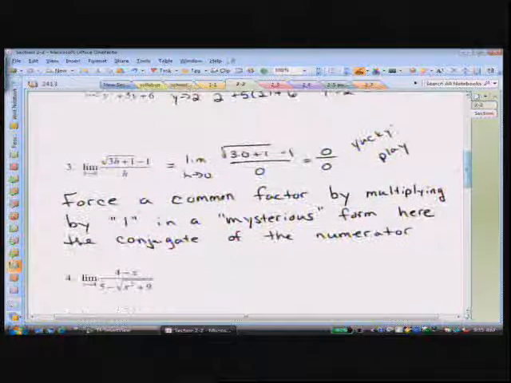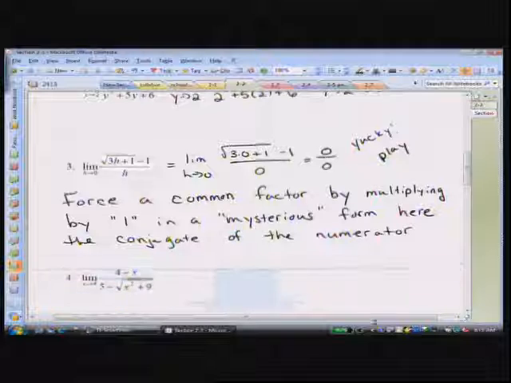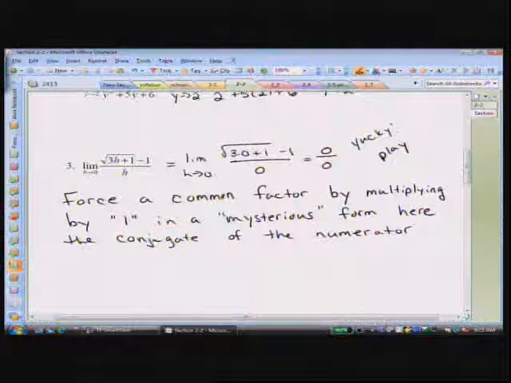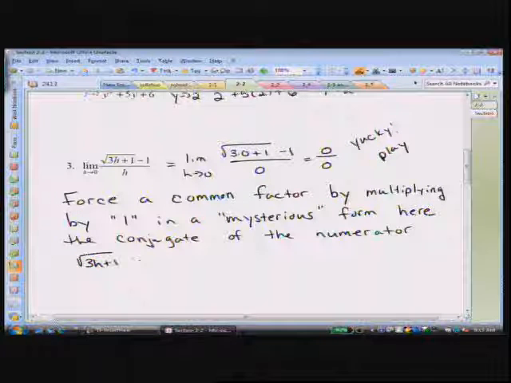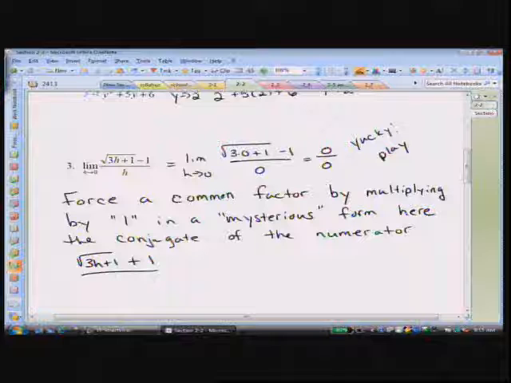Okay, so the conjugate of the numerator is the square root of 3h plus 1 plus 1. That is my conjugate.